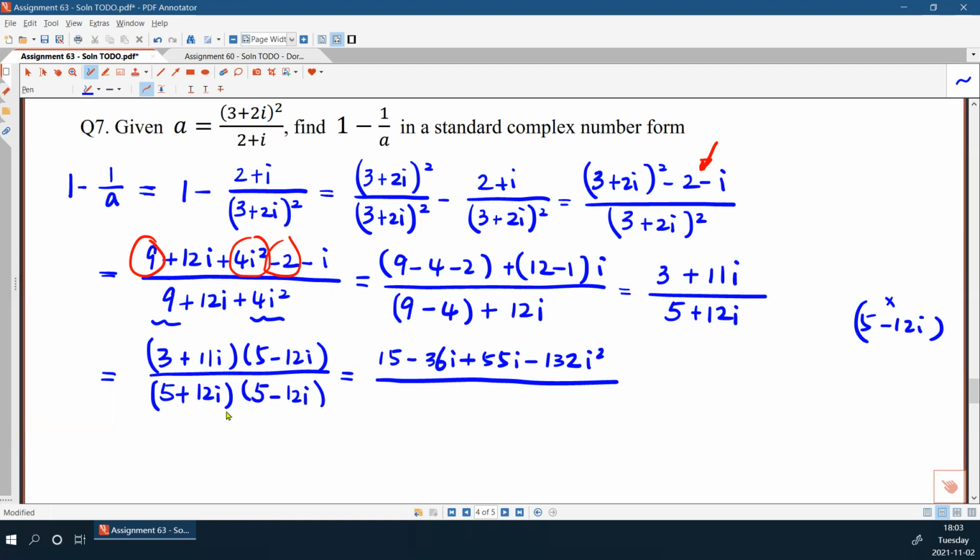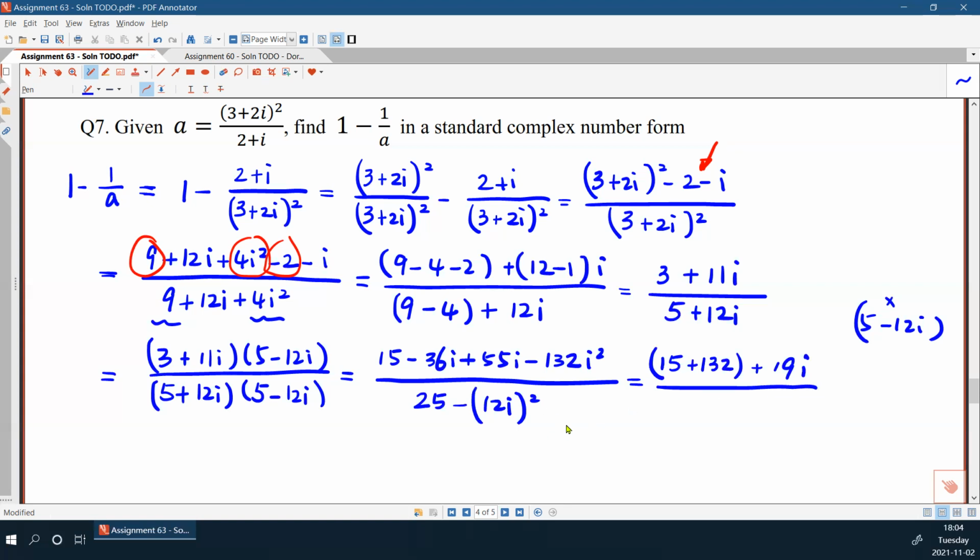Okay, the denominator, according to the formula, we have 5 squared minus 12I squared, right? Which is 25 minus 12I squared. And the numerator is 15 plus 132. This is a real part. And the imaginary part is plus 19I, right?